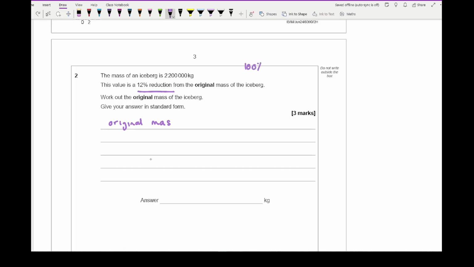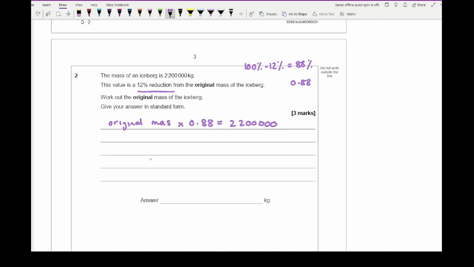You always start with 100%, you're taking away 12%, and that leaves us with 88%. As a decimal multiplier that is 0.88, so I'm going to multiply the original mass by 0.88, and it tells me in the question that that equals 2.2 million kilograms.